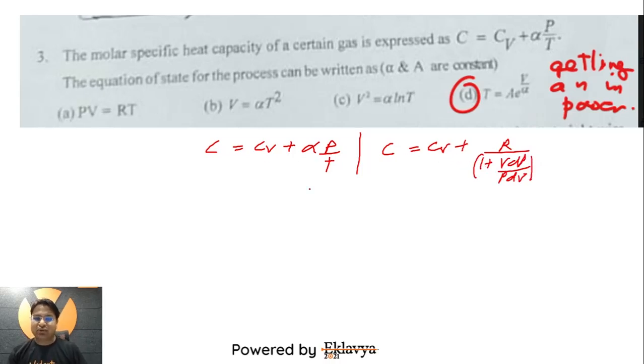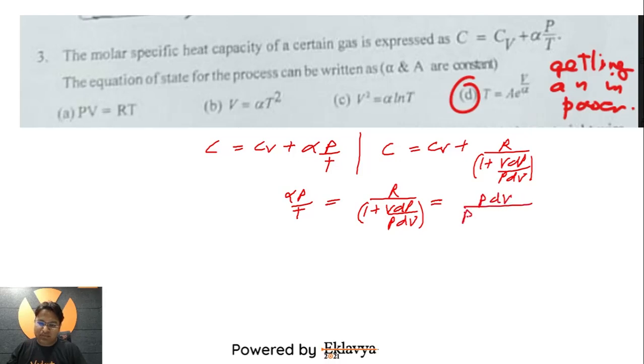If we compare the two, we realize that alpha P by T can be equated to R divided by 1 plus VdP upon PdV. This can be written as PdV upon PdV plus VdP.